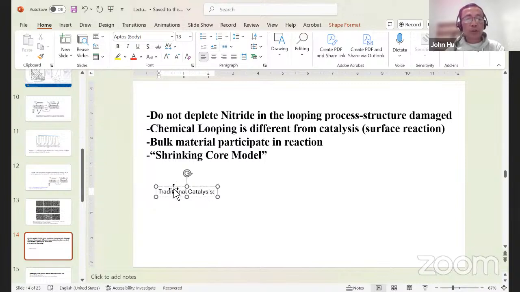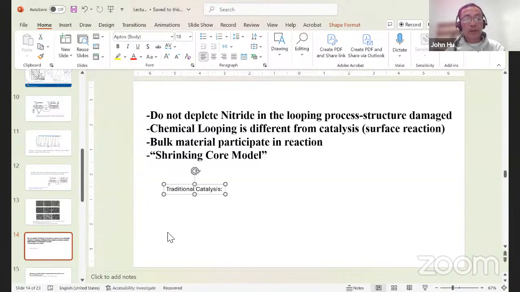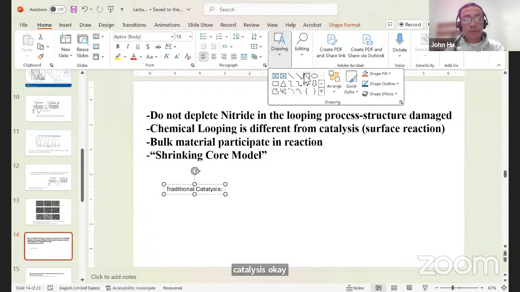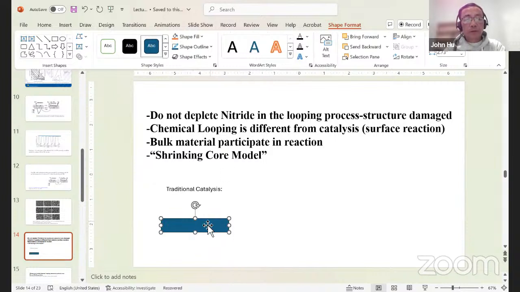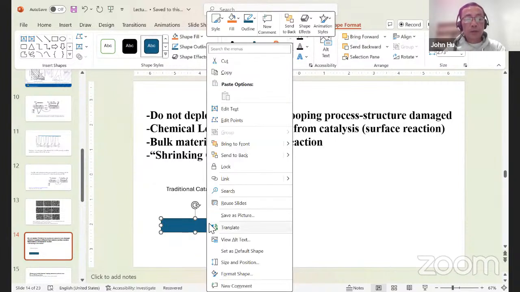So if you have a traditional catalysis, this is basically the surface of the catalyst.